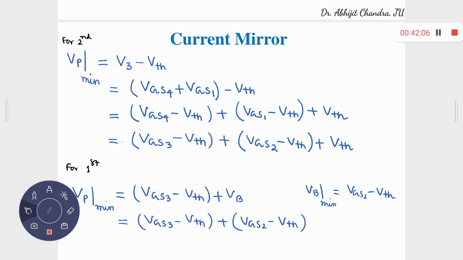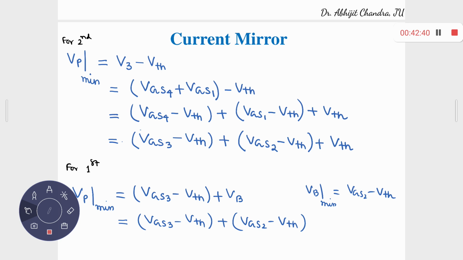So the first circuit is preferable, because you know the maximum value can be VDD, so the minimum should be as small as possible. But as you have made the circuit much more complicated, so that you can have much more accurate V dash, it comes at the cost of less voltage swing.